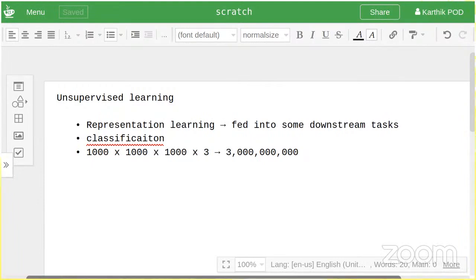So you have what is called a representation. This is not just a fancy word that we have coined for the lecture. You actually learn a representation, which is then your input to some classification algorithm, say dogs versus cats classification. So this compressed representation will be your input to a classification algorithm.